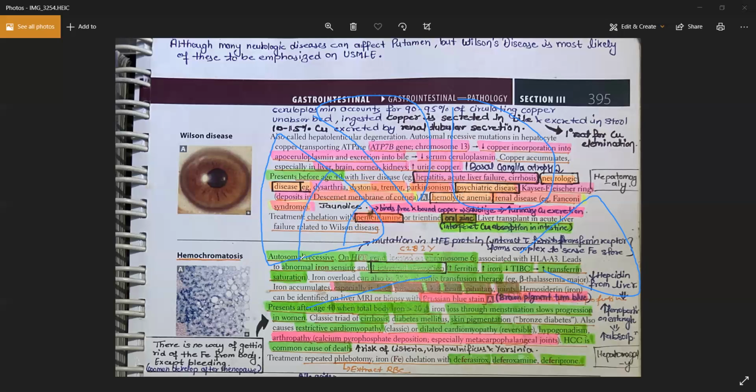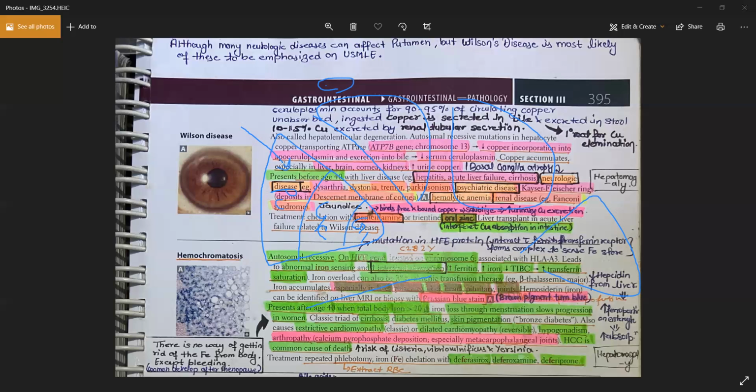Above the thalamus, you will have the caudate nucleus. Then below it, you will have the hypothalamus and the subthalamus also. And this will be the globus pallidus internus, this will be the globus pallidus externa, and this will be the putamen here. This is the putamen. So it is the location where copper specifically deposits in the basal ganglia.